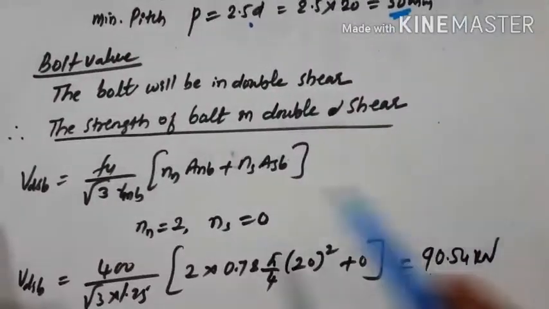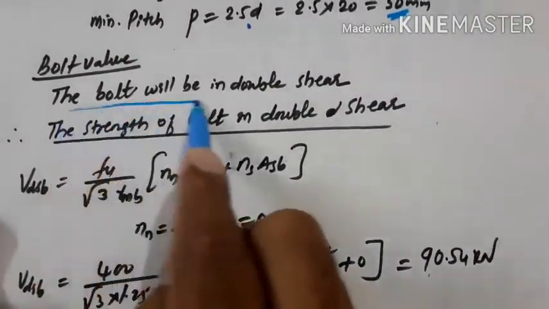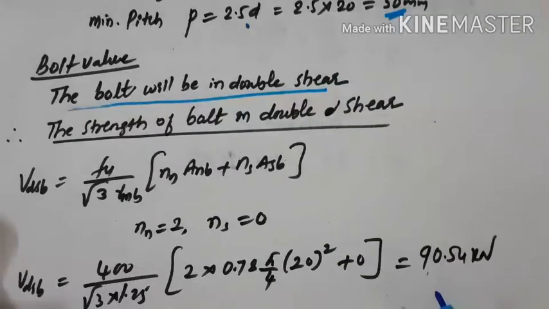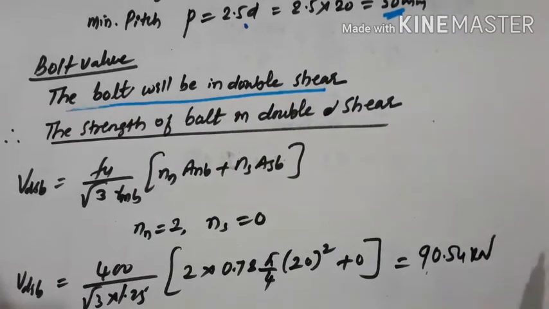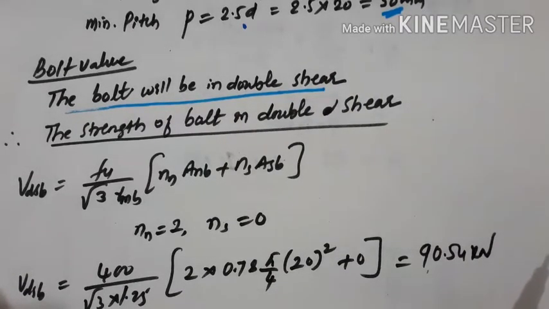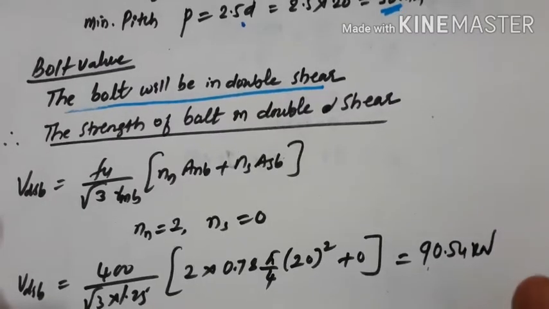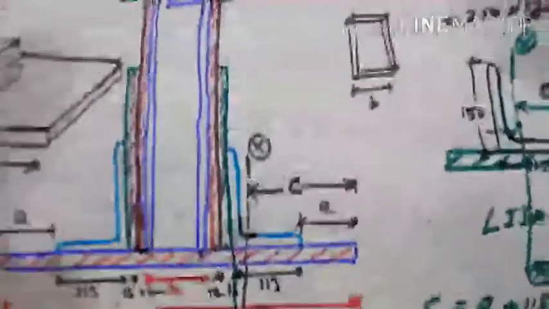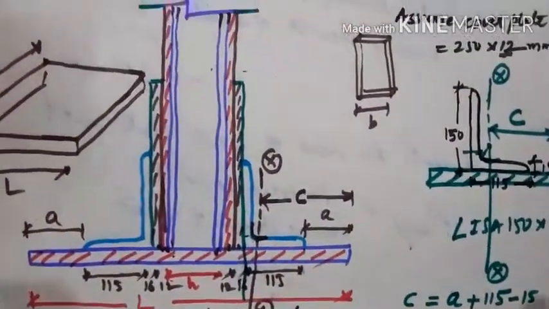Now let us calculate the bolt value. The bolt value will be the minimum strength between shearing and bearing. We have to calculate both strengths, that is, strength in shearing and strength in bearing. In this particular case, the bolts will be in double shear. This is the arrangement of the gusseted base.